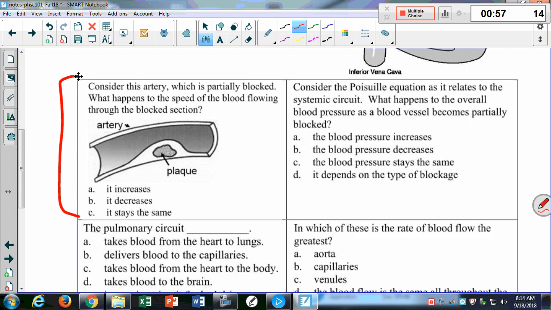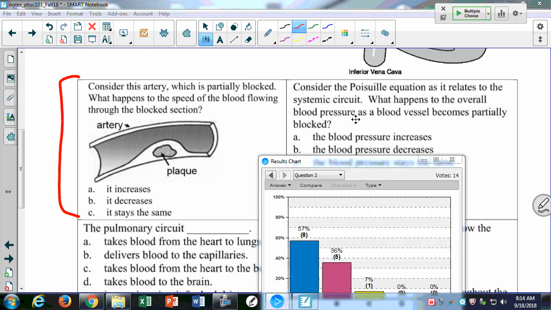All right, so I'm going to stop here at 1 minute, just a couple more seconds. Okay, so what happens to the speed of the blood when you have something like this that's partially blocked? Well, remember, our continuity equation, A1V1 is equal to A2V2, that this is still going to hold.